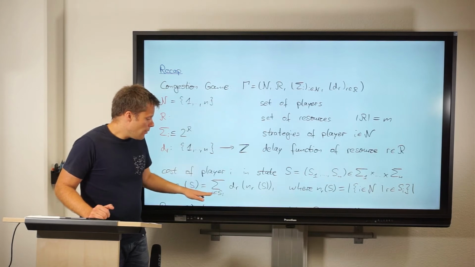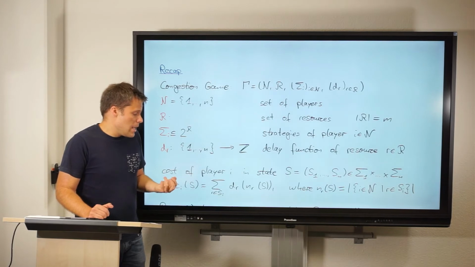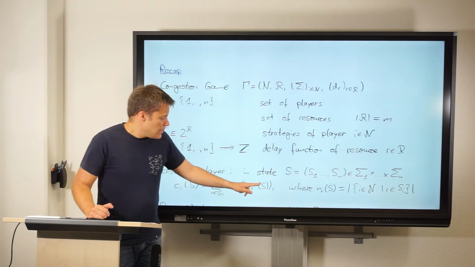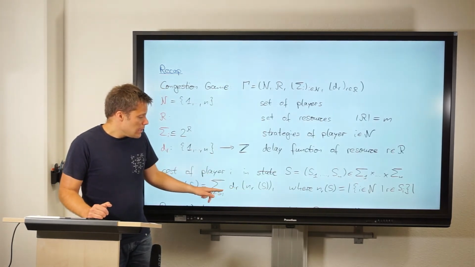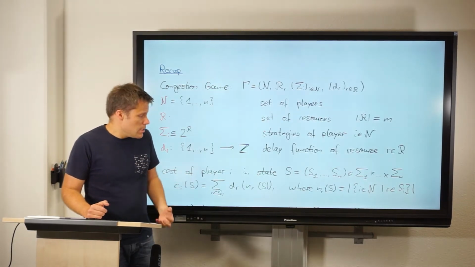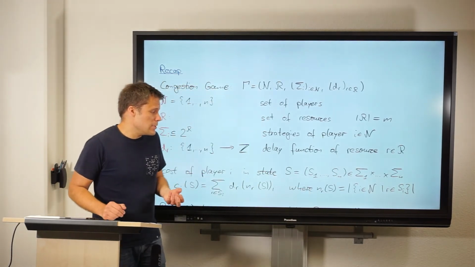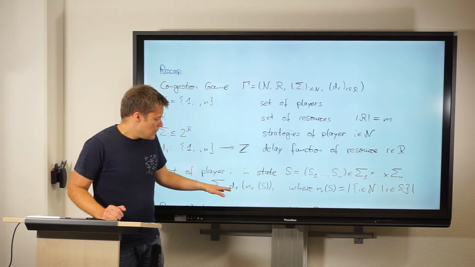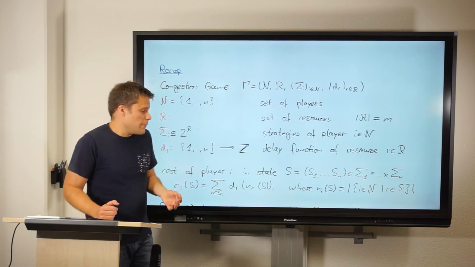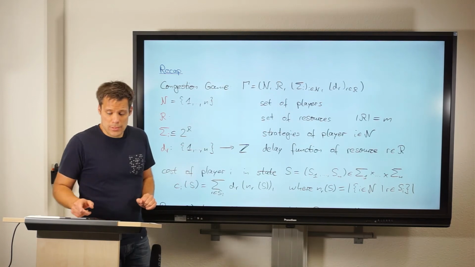Take the sum over all resources that this player is using in this particular strategy in this state, and now add up the delay functions evaluated on the number of players that use this particular resource. So this is what we write by n_r(s). That is the number of players that use resource r. And we now take d_r(n_r(s)). This is the delay of resource r when n_r(s) players use this resource.